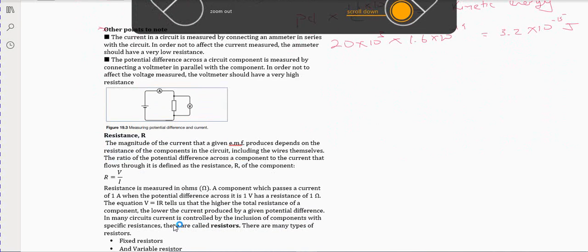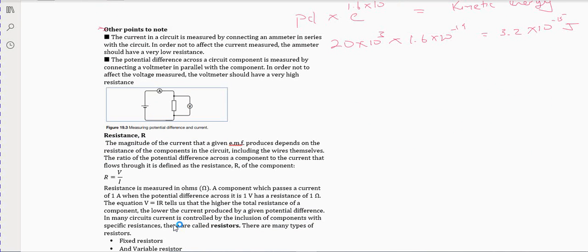Now let's talk about resistors. The magnitude of current that a given EMF produces depends on the resistance of the component. When we talk about magnitude, we talk about size.